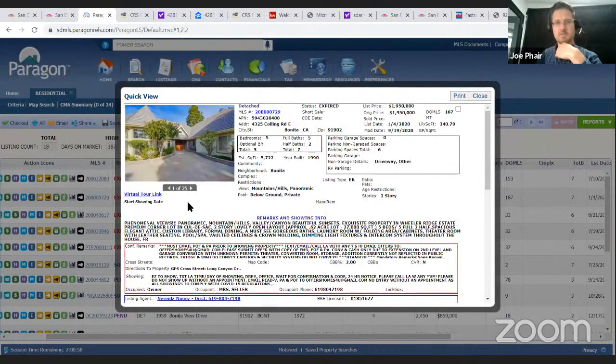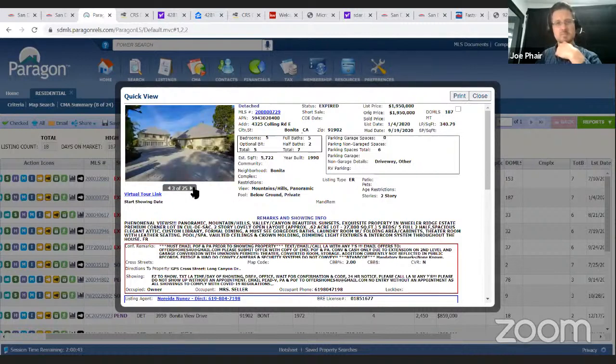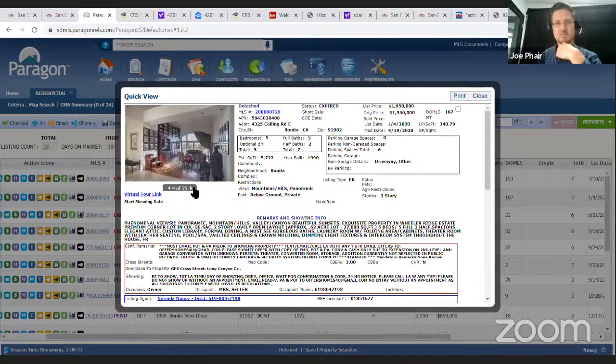This one is 700 square feet. It was listed in January of 2020 and was on the market for 187 days. These are nice.